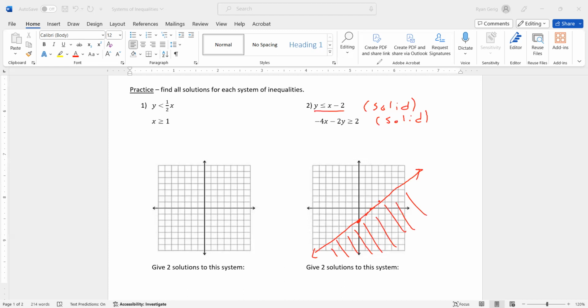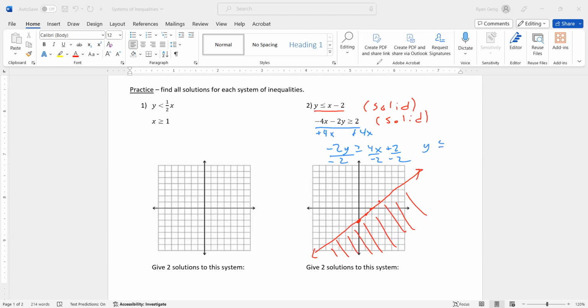We'll go blue now. You might remember back from Unit 2, we got to get this one in slope-intercept form because the sign may flip, and it actually will here. So -2y is greater than or equal to 4x plus 2. Divide by -2, and when you divide by a negative with inequalities, you have to flip the sign.